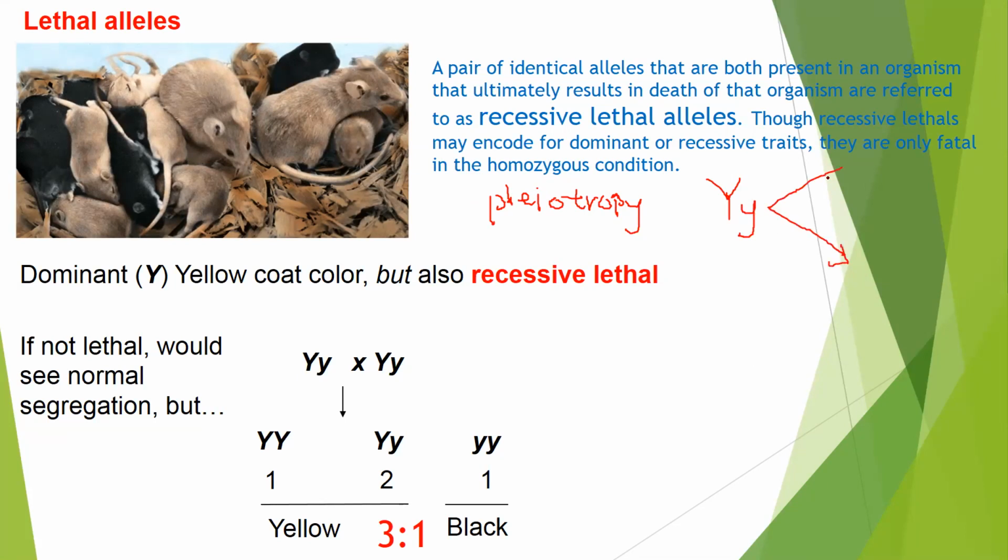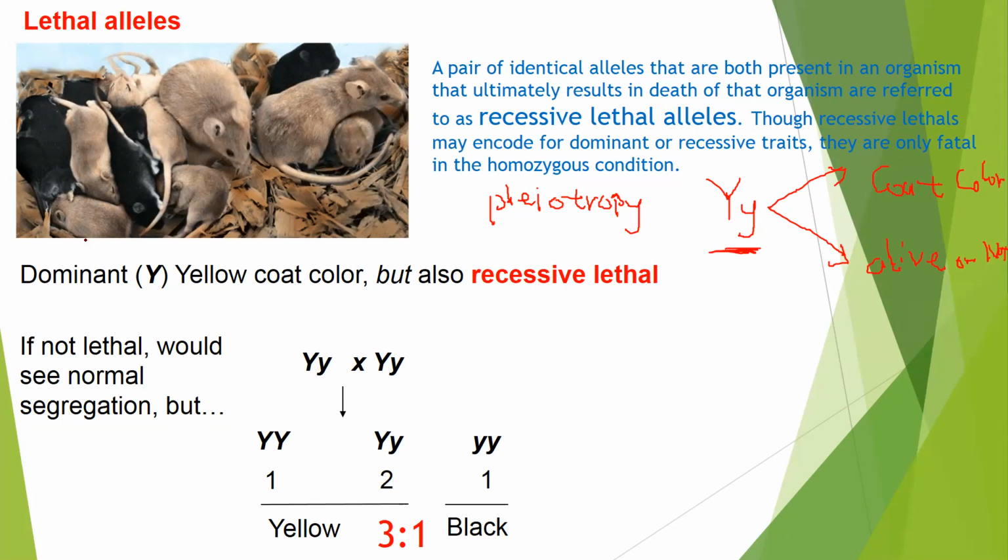The first phenotype this gene can determine is the fur color, the coat color. And the second phenotype this gene can determine is whether alive or not. This is related to the lethal.